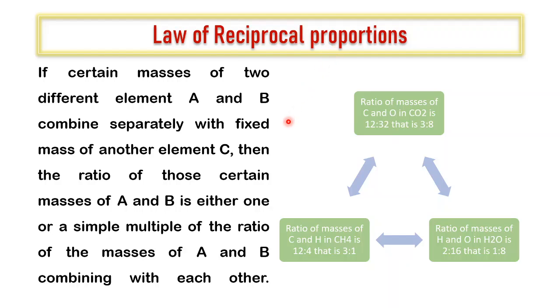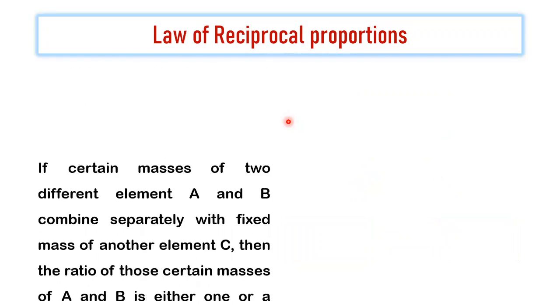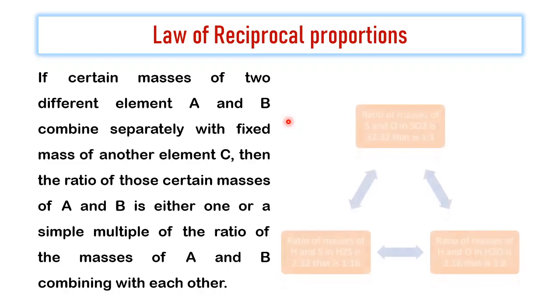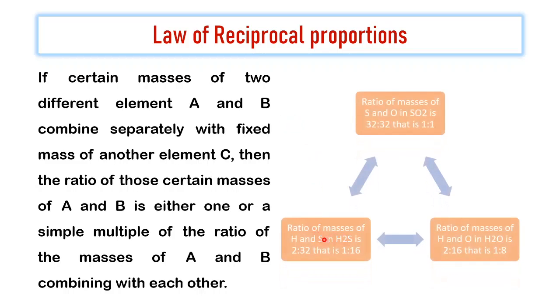The same law can be explained by taking the example of the reaction of hydrogen and sulfur giving you H2S. The ratio comes as 2 is to 32, simple whole number ratio 1 is to 16. And if hydrogen is combining with oxygen, the ratio will again come as 2 is to 16, simple whole number ratio 1 is to 8.